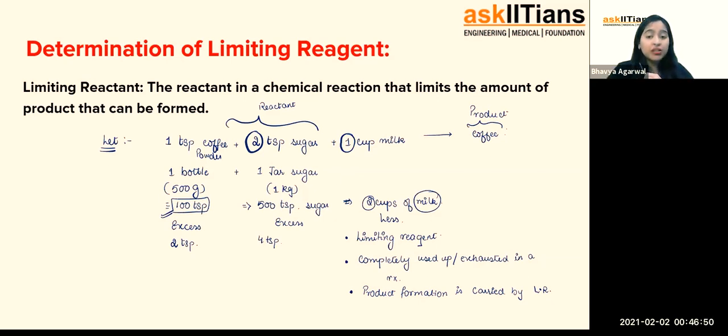Or the product formation is found out with the help of the limiting reagent. Whatever is the quantity of the limiting reagent, the corresponding amount of product will be formed. Whereas all the excess reactants will remain there in the reaction. They will be left out in the reaction.